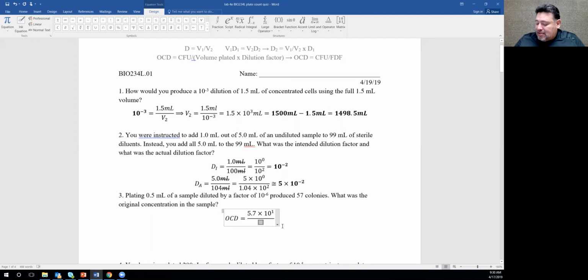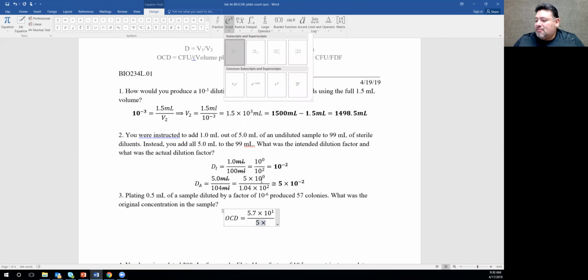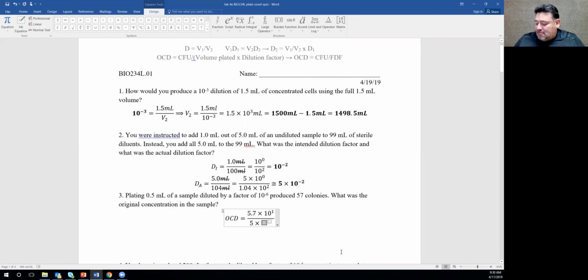What is that going to be? It's going to be 5 times 10 to the negative first. Because negative 1 means that we're going to move the decimal point to the left of ones, giving us 0.5, which is correct. What are the units on this? The units are milliliters, like so. On the top, I left some units out. That should be CFUs, colony forming units.